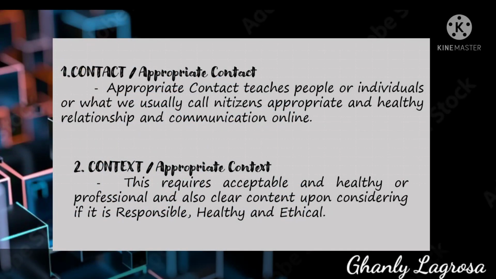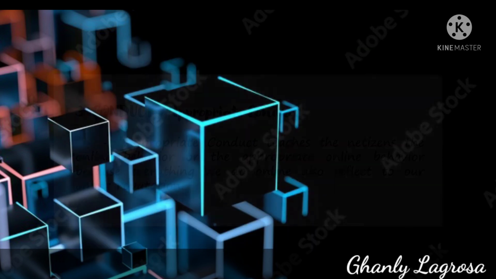First, we have appropriate contact. Appropriate contact teaches individuals, or what we usually call the netizens, the appropriate and healthy relationships and communication online. Next, we have appropriate content or context. This requires acceptable, healthy, professional, and clear content, considering if it is responsible, healthy, and ethical.